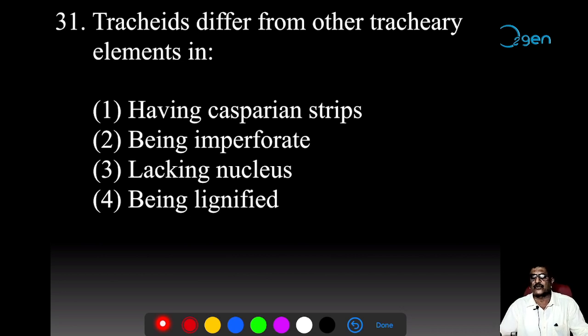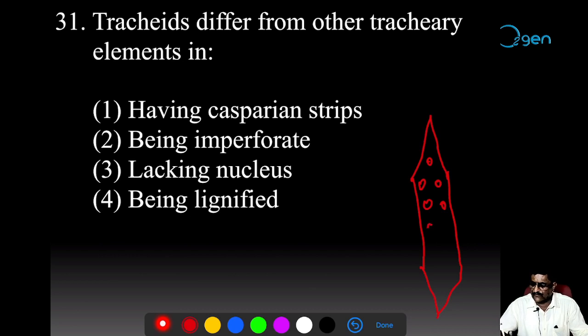In an earlier question you studied that Casparian stripes are found in the endodermis of the root, not in the tracheids. Second, being perforated. Yes, the xylem elements usually have chisel-shaped or pointed ends and the cell wall with a number of small openings called perforations. It is perforated.